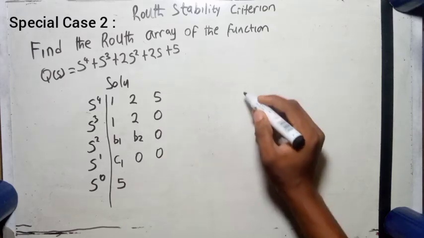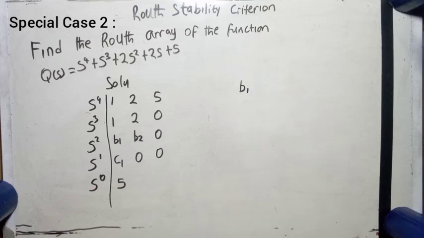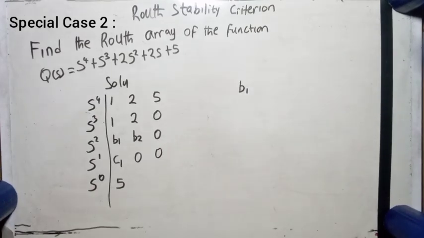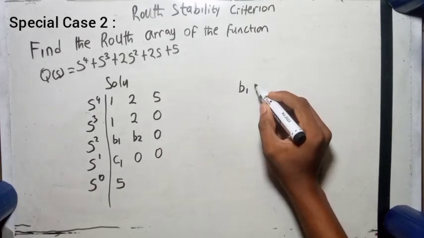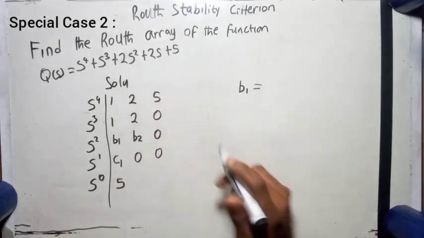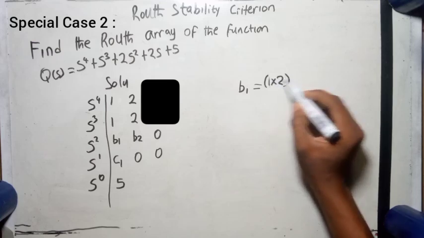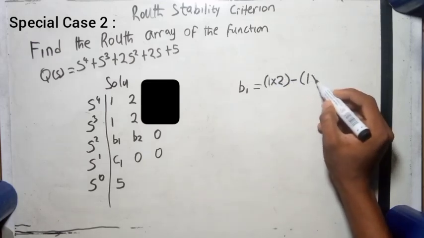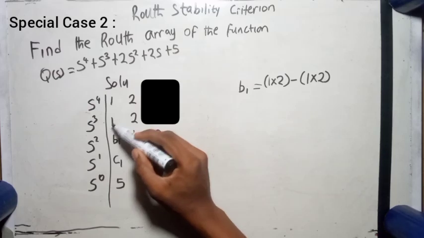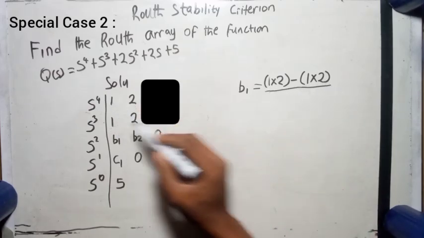Okay. So for our B1, remember we're taking these two columns, right? So we have 1 times 2 minus 1 times 2, this times this, over 1.